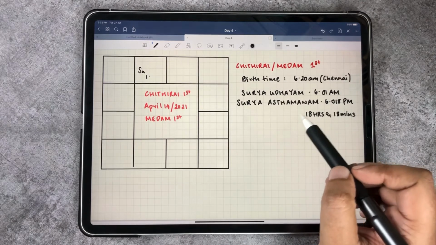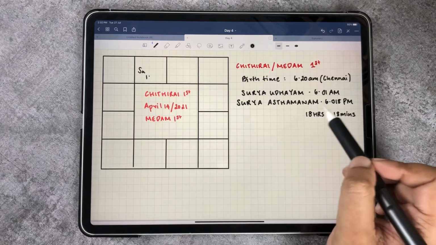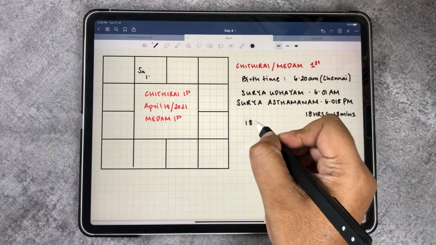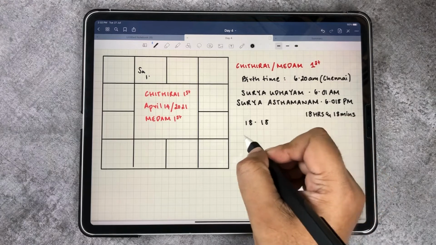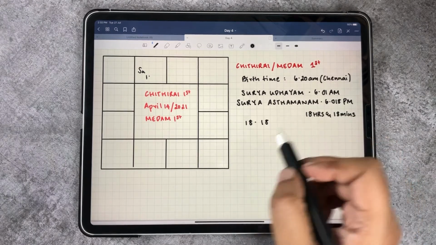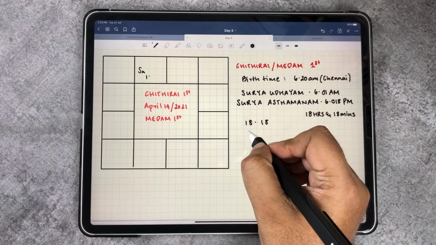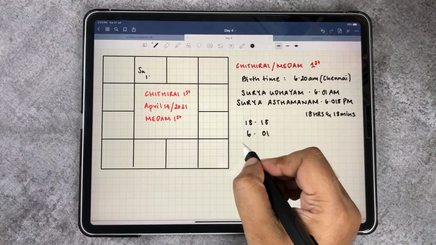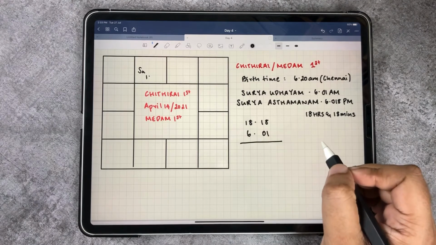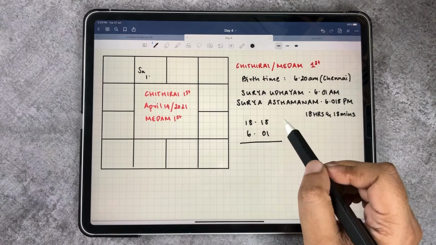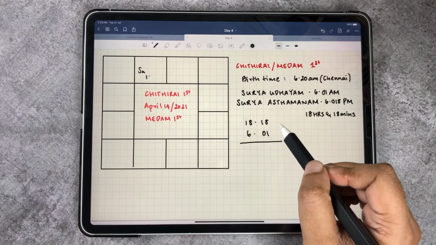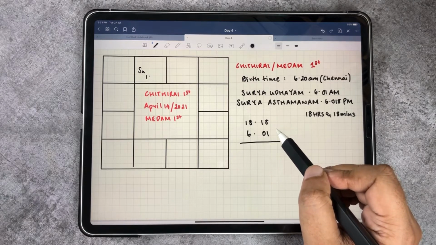So, while doing the Ganita, keep in mind that you keep the higher number above and the lower number below. So, 18 hours, 18 minutes, that is the Surya Astamanam, and 6:01 am, that is the Surya Udayam. So, what do we have here? And do remember that these two timings are based on the Bimba Madhi, or the time as per the mid limb of the sun.